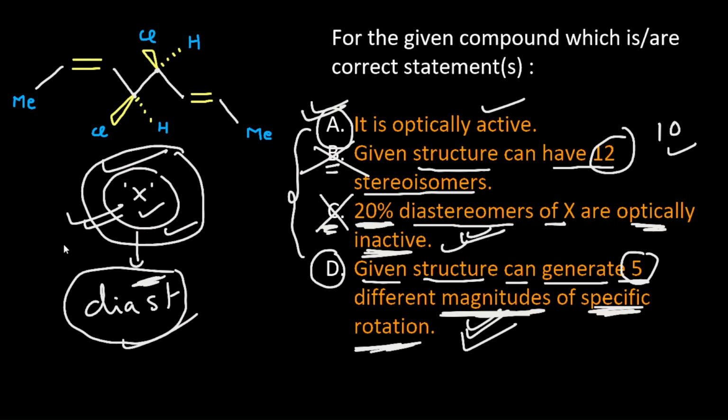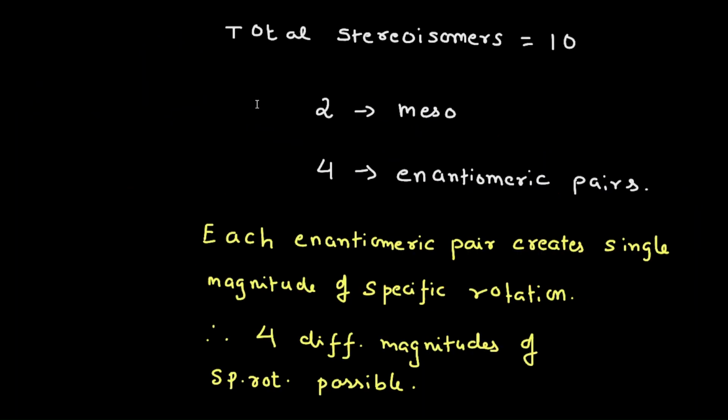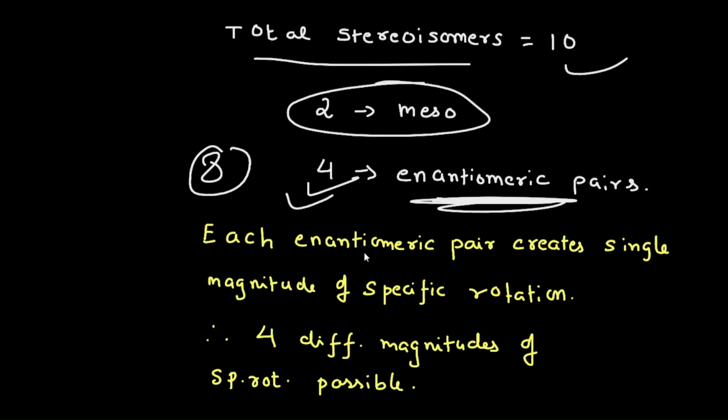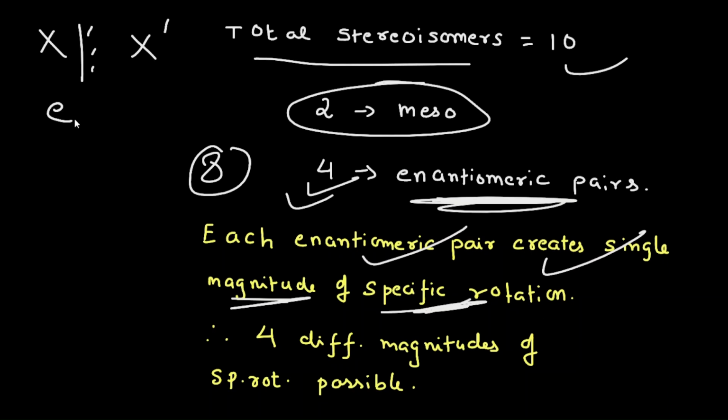Now let us see whether it is possible or not. You know that there are a total of 10 stereoisomers. Out of 10, 2 are meso. So the remaining 8 are 4 enantiomeric pairs, and each enantiomeric pair creates a single magnitude of specific rotation. For example, if you take X and X dash as an enantiomeric pair, and X rotates plus 4 degrees, the X dash will have a specific rotation of minus 4 degrees.